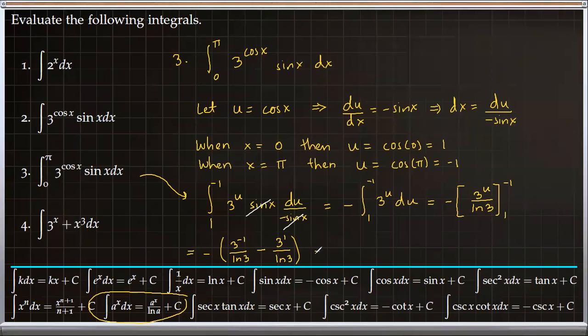So next I can factor out 1 over natural log of 3 to get negative 1 over natural log of 3 in the front. And here inside the parentheses, we have 1/3 minus 3.